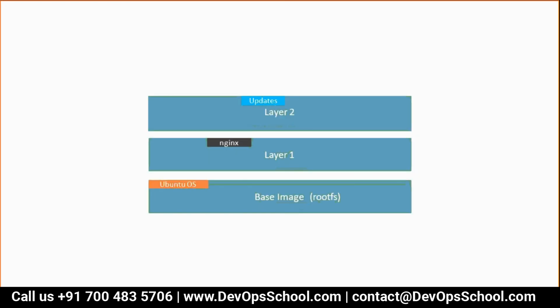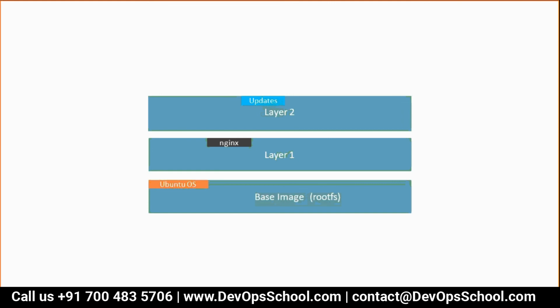Now you must be wondering, okay, fine, I understood that an image has multiple layers and these layers are nothing but file systems, but what does each layer or each file system contain? Look at this. I've been telling you since the first day itself: root file system plus user file system plus application file system.